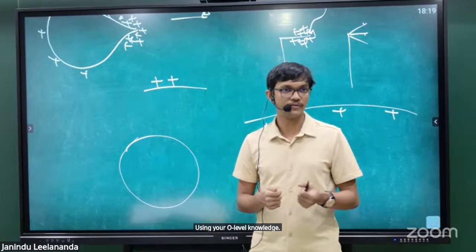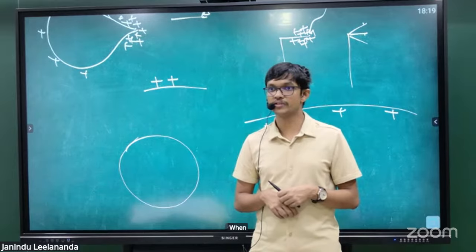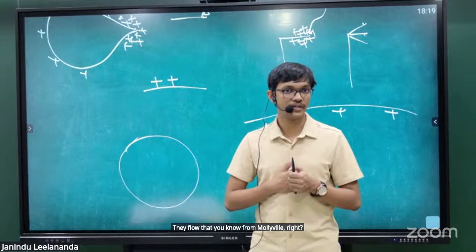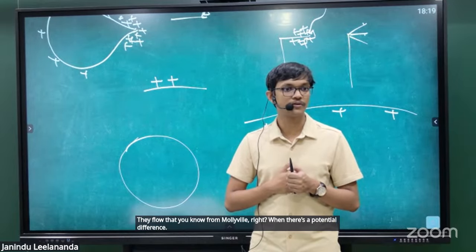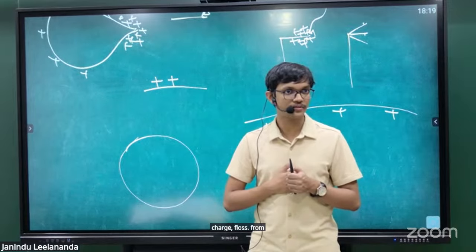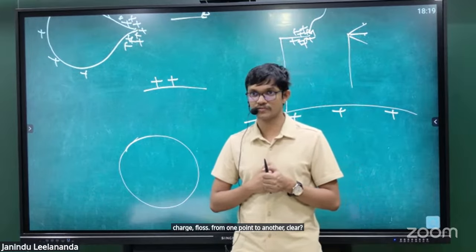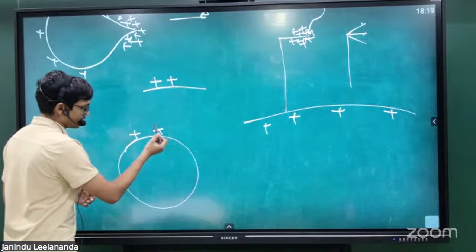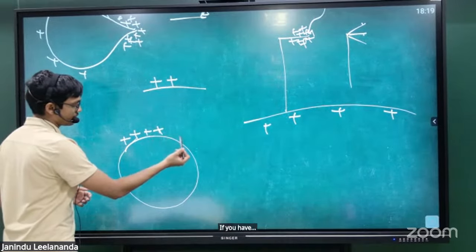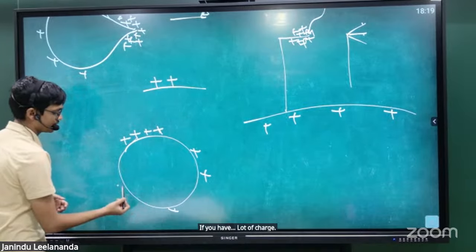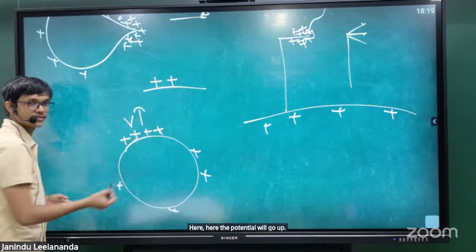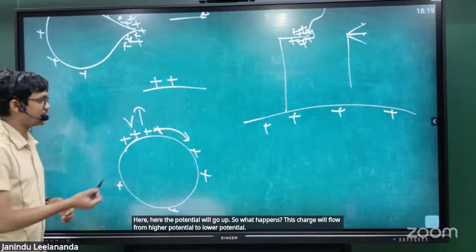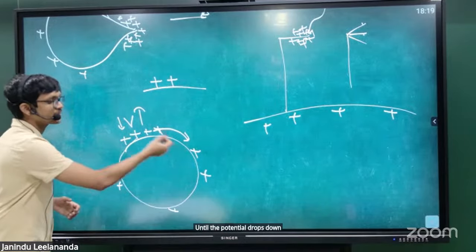From O-levels you knew that when there's a potential difference, charges flow from one point to another. So if you have a lot of charge here, the potential will go up. This charge will flow from higher potential to lower potential until the potential drops down and becomes equal everywhere.